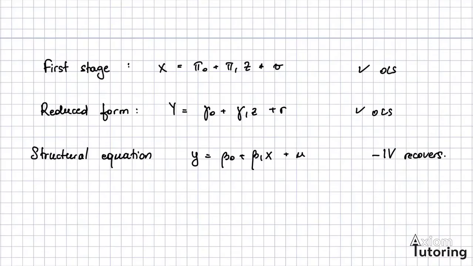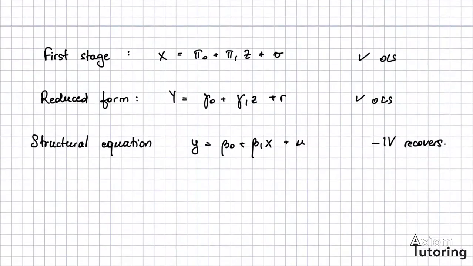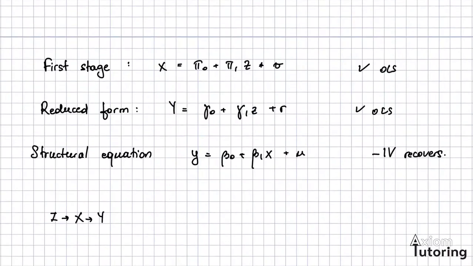The reduced form is regressing Y directly on Z. Now, we are always talking about how Z affects X and then affects Y through X as a channel. In the auxiliary regression of the reduced form, we've got this gamma 1 hat that is measuring the total effect of the instrument on the outcome.